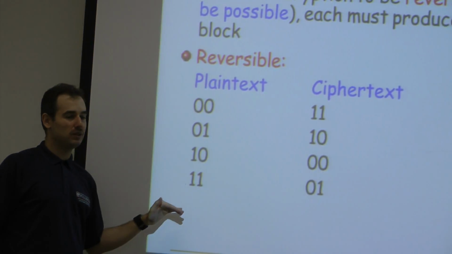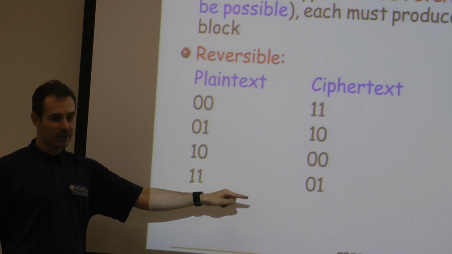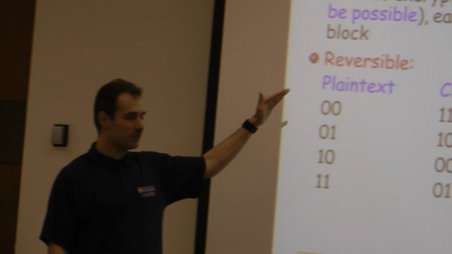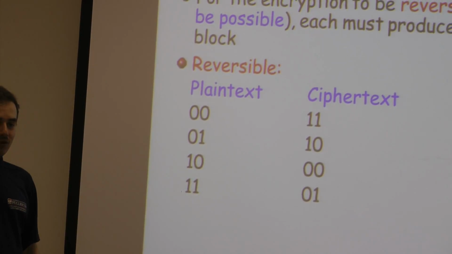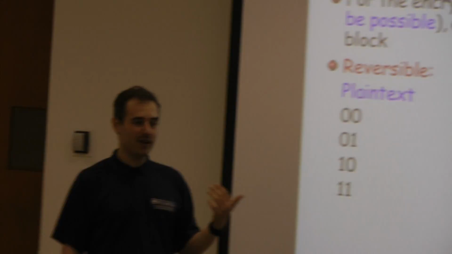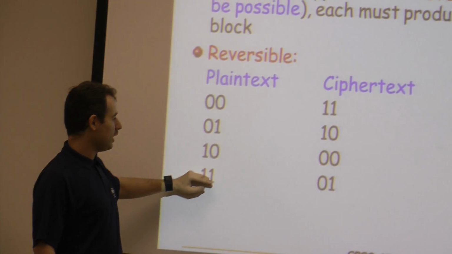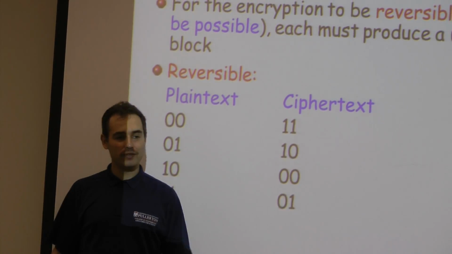Those are the only possible blocks. My ciphertext blocks are also 2 bits, so the number of cipher blocks is also 4. A block cipher, in a very abstract sense, is a function which takes a plaintext block and maps it to some ciphertext block.